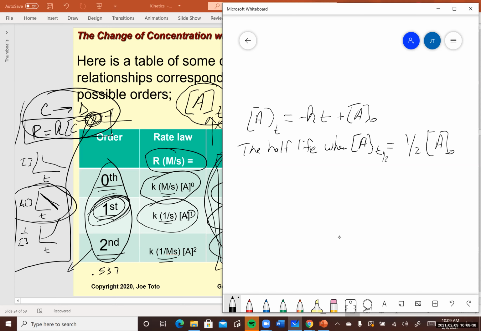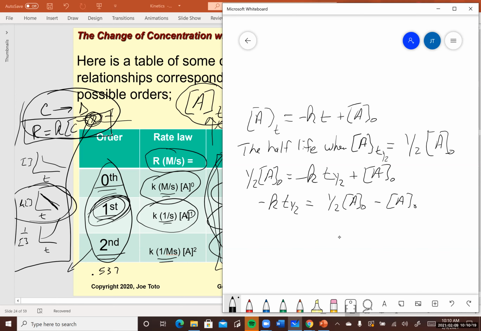So I'm going to make that substitution into the infinite point function. So 1/2 the initial equals minus K times, now this is a particular time, it's not any time, this is T 1/2. And now I can solve for that T 1/2. So minus K T 1/2 equals 1/2 A0 minus A0, right?